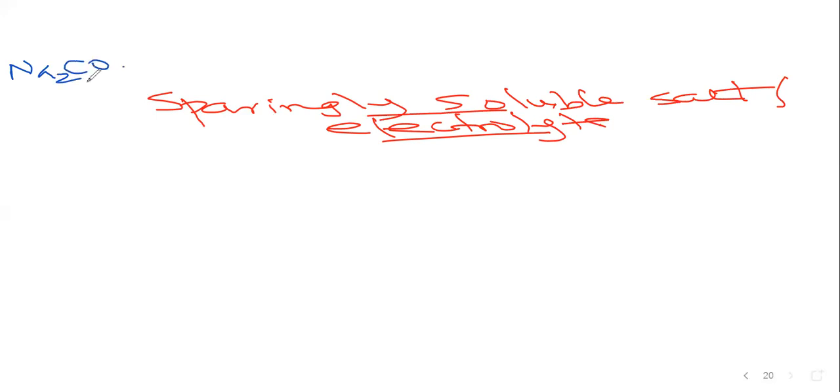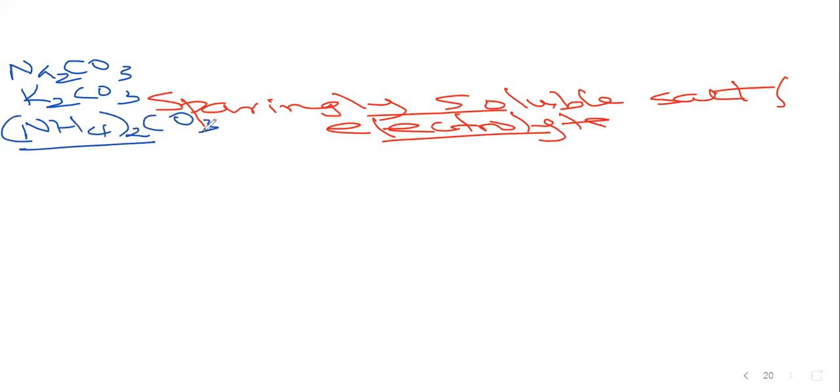Which other carbonates do you say are soluble in O level? Potassium carbonate, ammonium carbonate, and sodium carbonate are all soluble, but all other carbonates are insoluble. Okay, that's what you said.